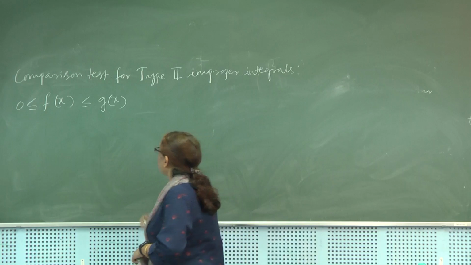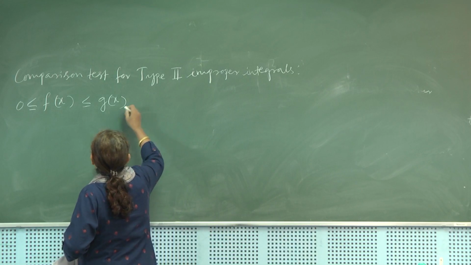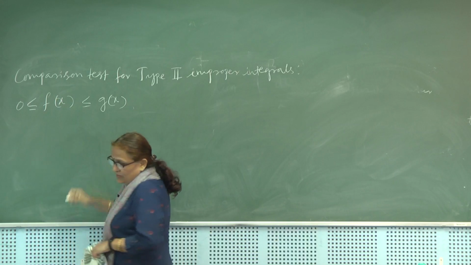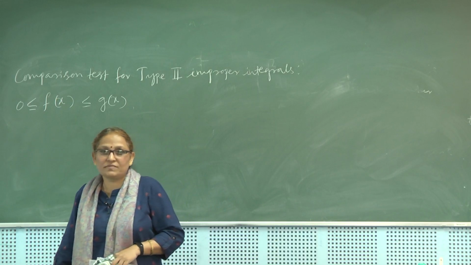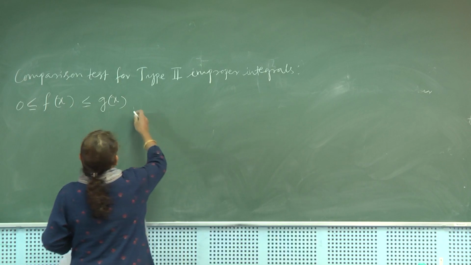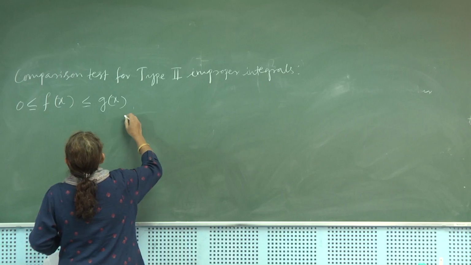Suppose the functions f and g have a point of discontinuity or unboundedness at the point a.